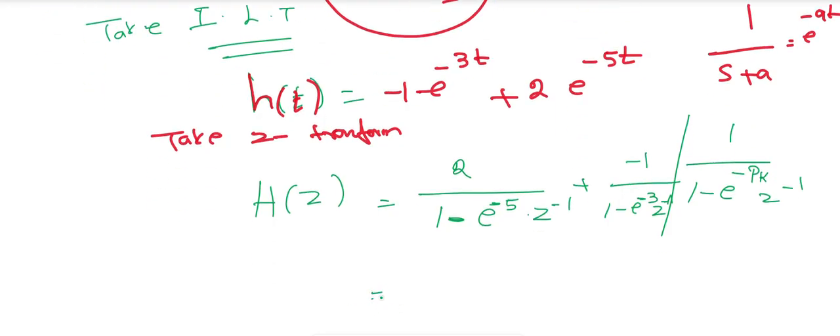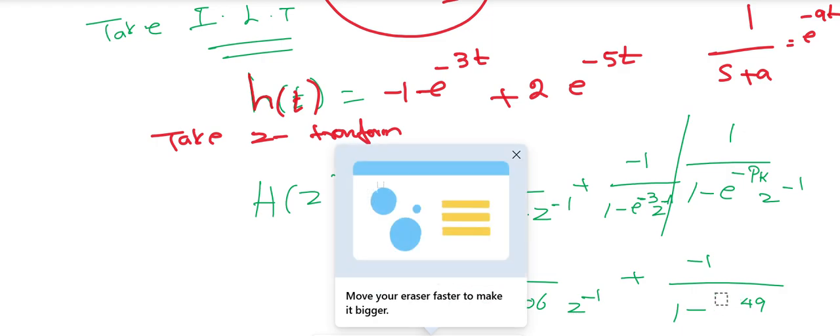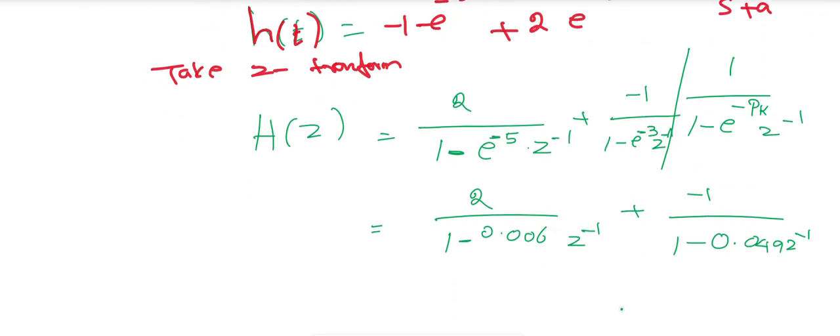Now simplify: 2 by 1 minus 0.006 z inverse, plus minus 1 divided by 1 minus 0.049 z inverse.